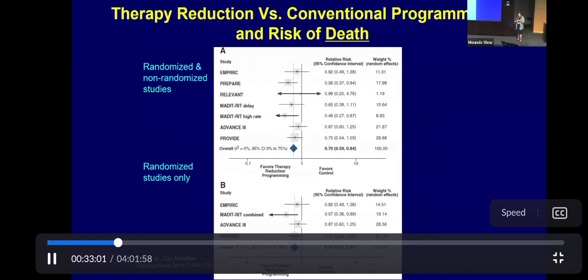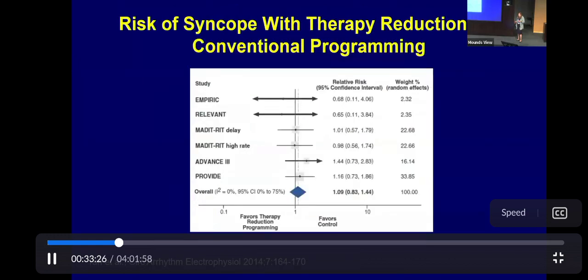And then for mortality, if you look at the non-randomized and randomized studies together, it favors this therapy reduction programming, using discriminators and everything. If you look at just the randomized studies alone, it does turn out to be a significant reduction in mortality. So we're doing good things. We want to prevent those patients, most of all, from getting inappropriate therapies. And syncope, again, is no different.